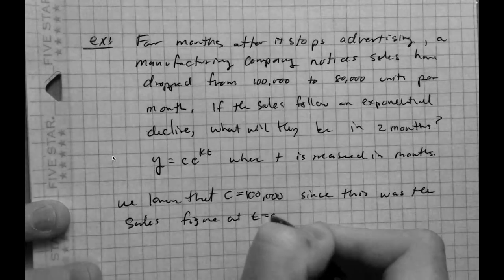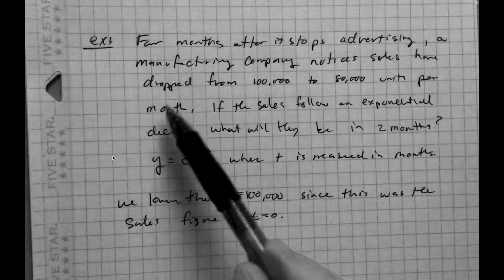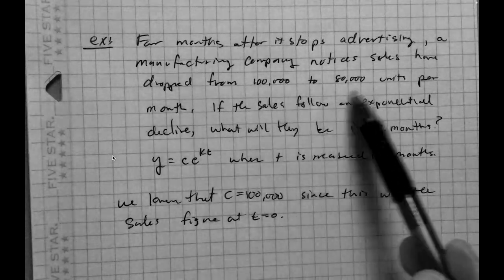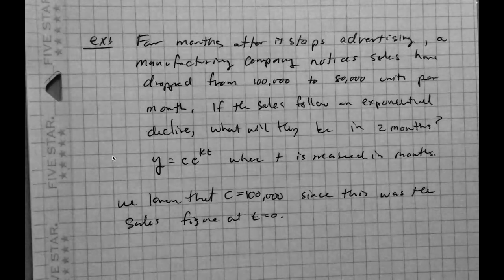That's kind of given, right? It's sort of cloaked in the wording here, but it does say sales dropped from 100,000 to 80,000 units per month. They noticed over a 4-month period that the sales went from 100,000 to 80,000. So the implication is that at time t equals 0, sales were 100,000, and sales were equal to 80,000 at t equals 4.